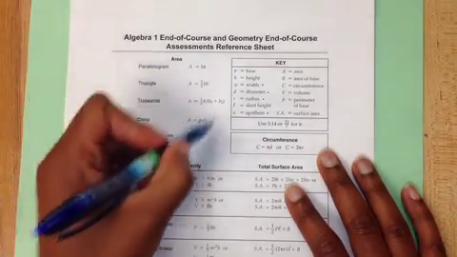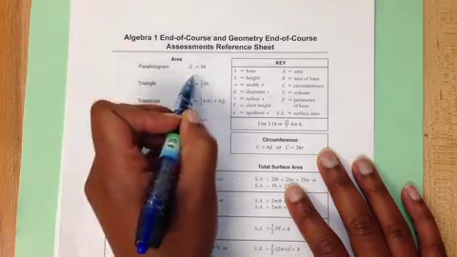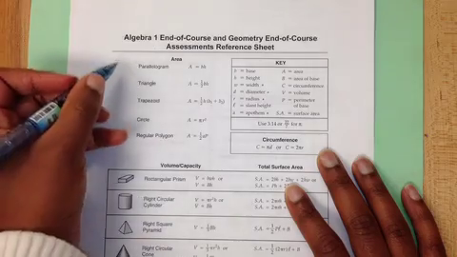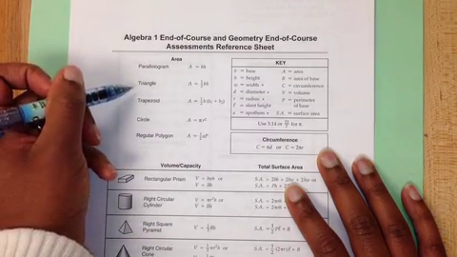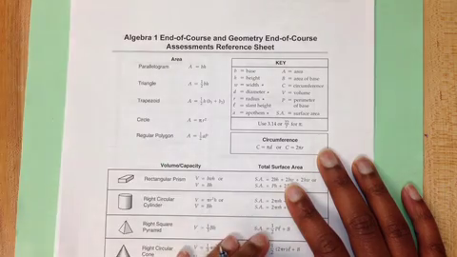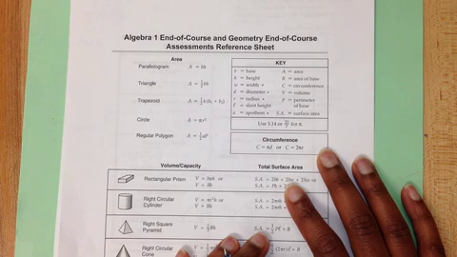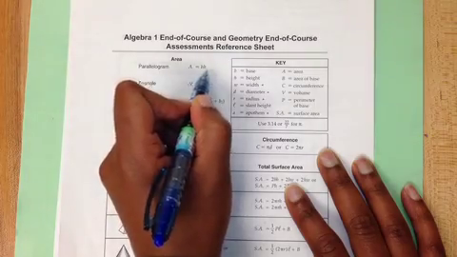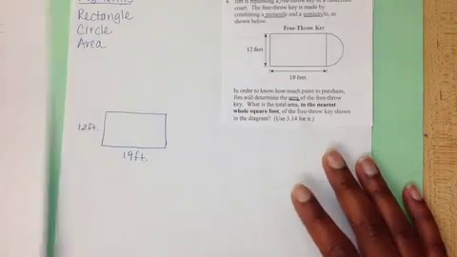On our reference sheet, under area, we're going to locate which formula to use. Obviously we're not dealing with a triangle, trapezoid, circle, or regular polygon, but we have this word here, parallelogram. Remember the vocabulary that you learned at the beginning of the school year: a parallelogram is a figure that has 2 pairs of parallel sides. A rectangle falls within that category, so of course we're going to use the formula A equals BH.